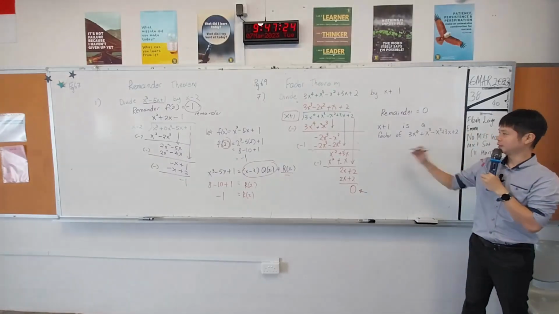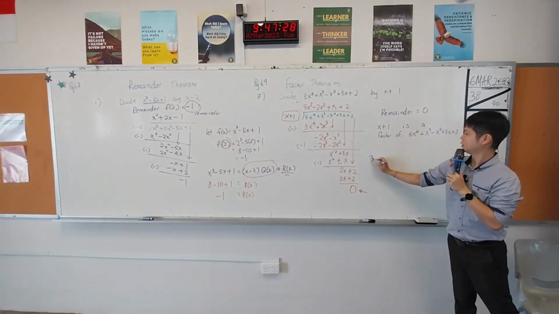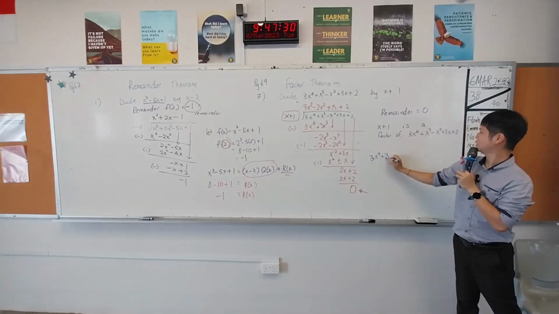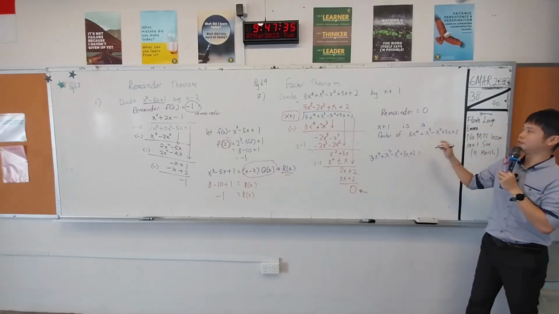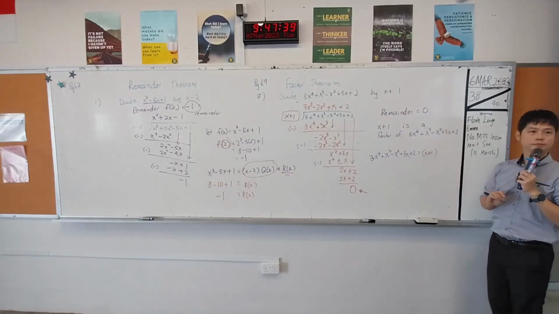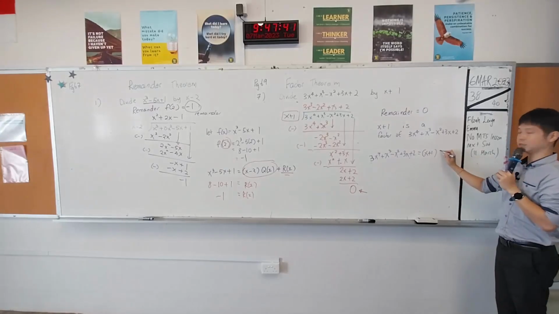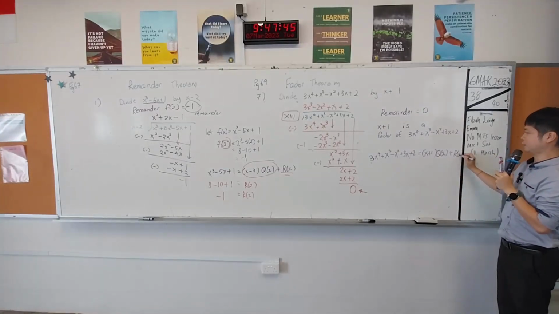Back to that concept again, given this expression, we can express it in terms of the divisor times the quotient plus the remainder.